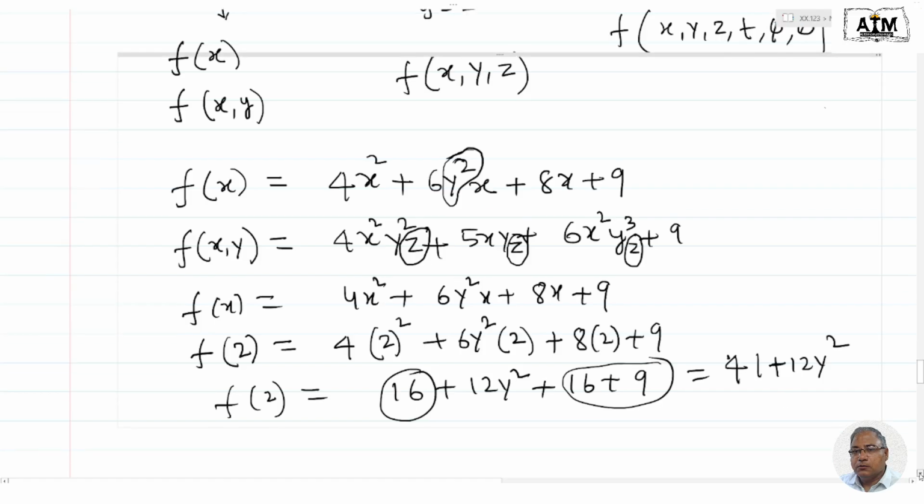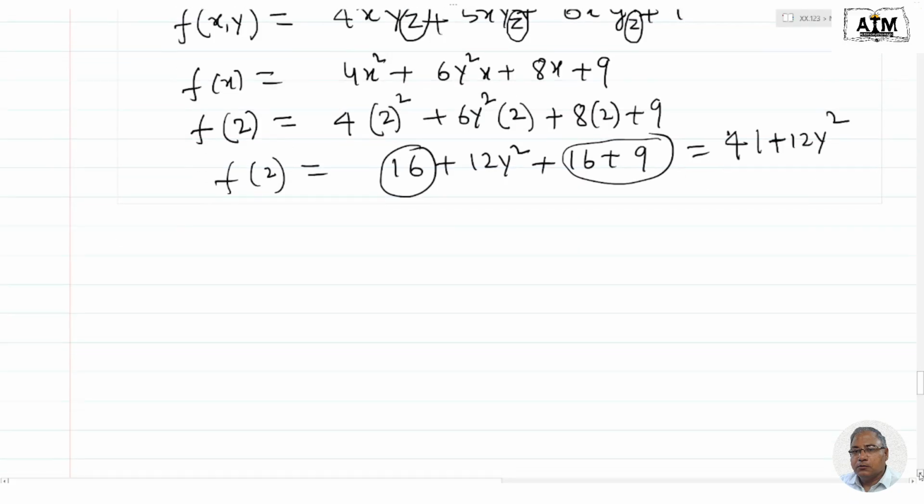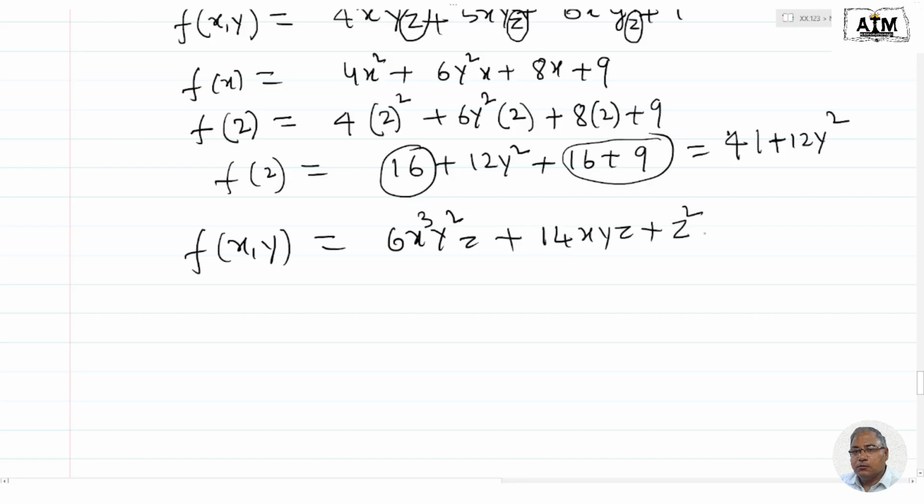And suppose a function is there like f of x comma y equals 6x cube y square z plus 14xyz plus z square plus 9. Suppose like this.